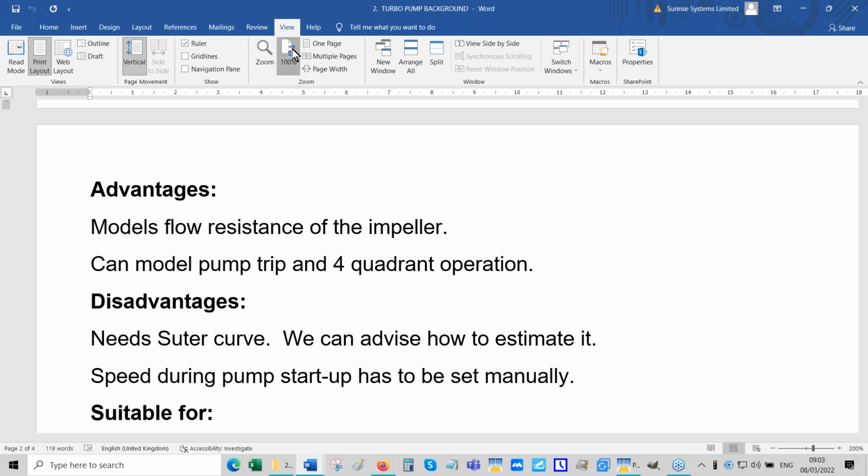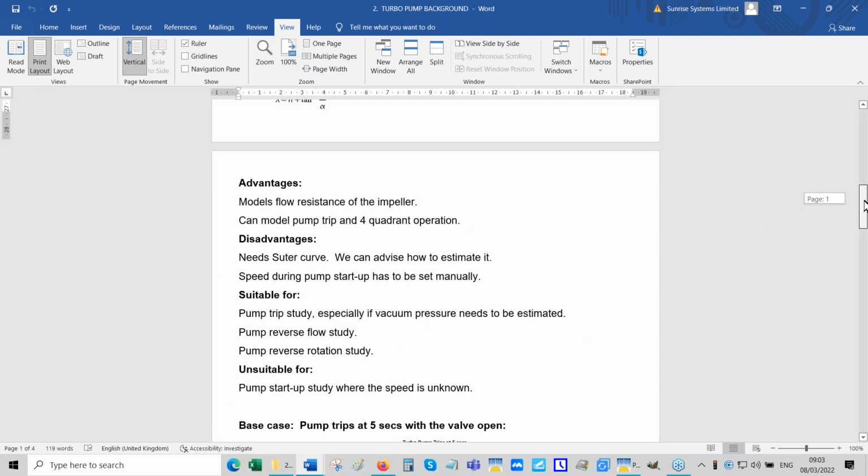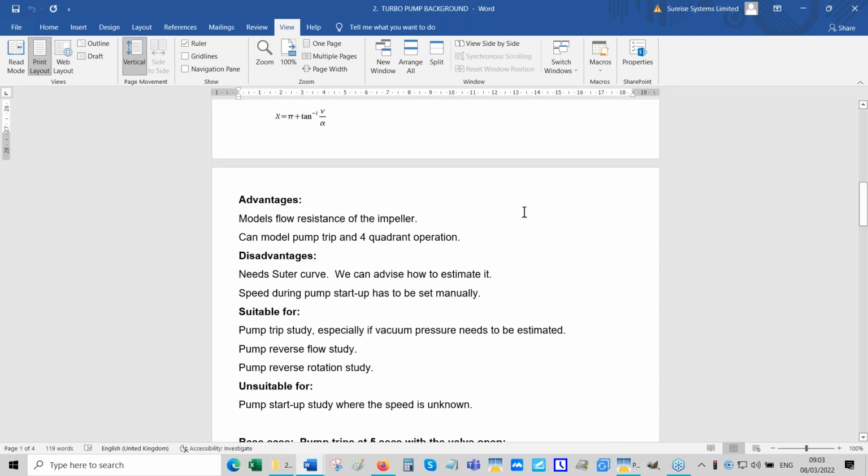What are the advantages and when would you use them? It models the flow resistance of the impeller, because this is essential, as I mentioned earlier, because the delta P across the impeller can become negative. You can model pump trip and the four-quadrant operation. Disadvantages: it needs the Suter curve.